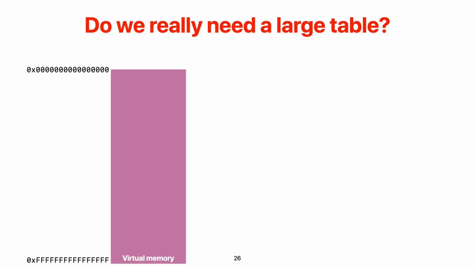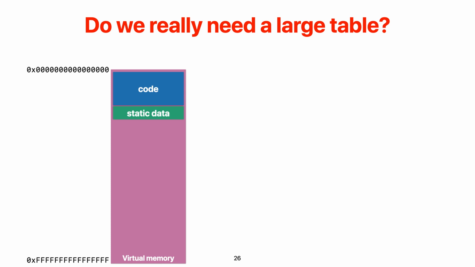Think about the virtual memory space we have in a 64-bit address space. A process in the operating system, or a compiled program, usually contains the following elements. Starting from the beginning of the address space is the code section, or the instructions of the running program.